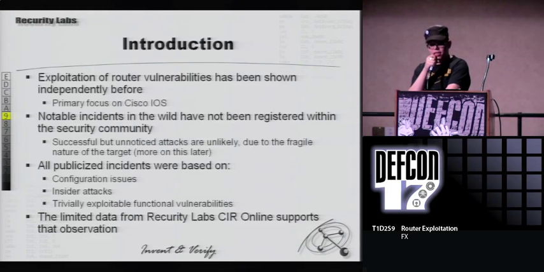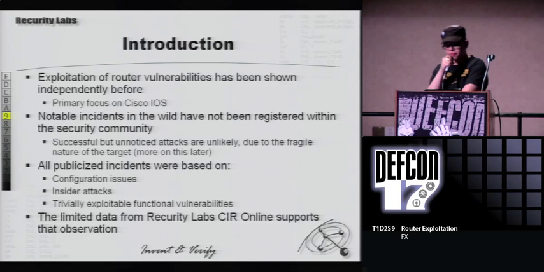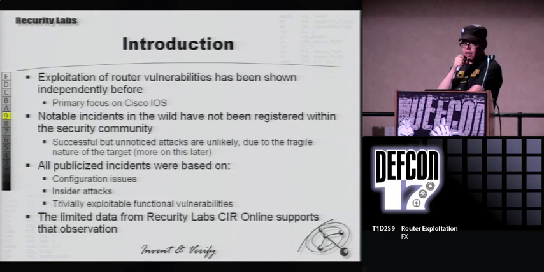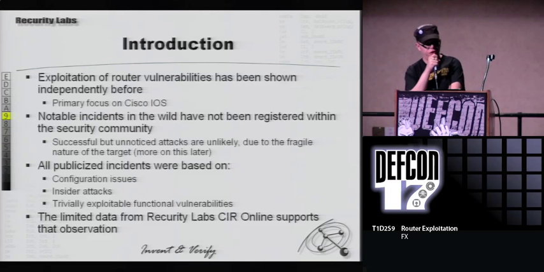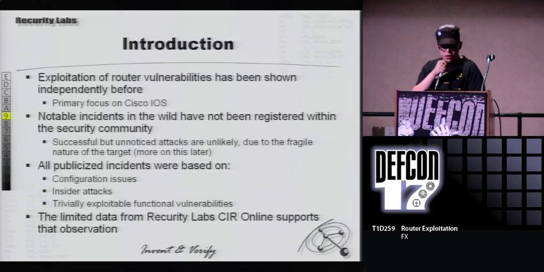So it's not really easy to exploit them. All incidents that we've seen have been insider attacks, configuration issues, trivial functionality bugs and stuff. So this is actually what we're seeing.